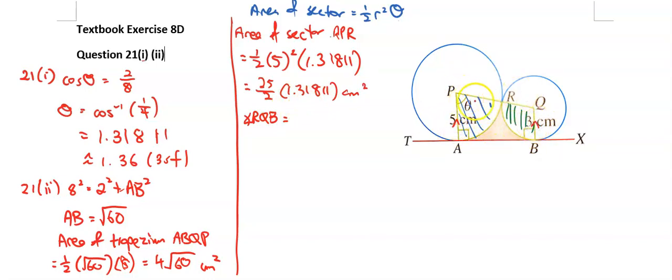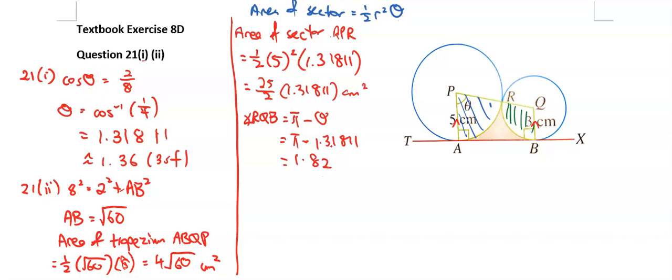So this angle theta plus angle RQB will give us 180 degrees. 180 degrees is pi in terms of radians, so pi minus theta. Theta equals 1.31811. Once we do this subtraction, we will get angle RQB in terms of radians, which is 1.8234.